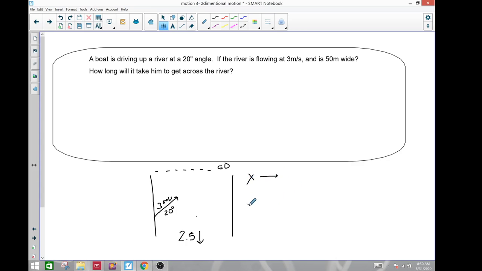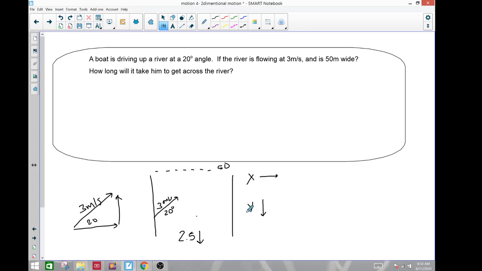My y component is just the river, but I'm going up and down here. So this 3 meters per second has two components, an x component and a y component, and the angle is 20 degrees.